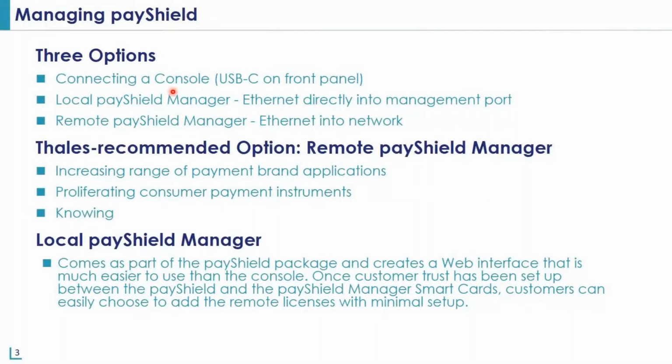So we will provide you a USB-C to USB-A cable. Using that cable, or you can also use USB-C to USB-C if your laptop supports USB-C connection. So establish a serial connection and configure and manage your PayShield 10K with the command lines. So you have to run the commands on the console to manage your PayShield.